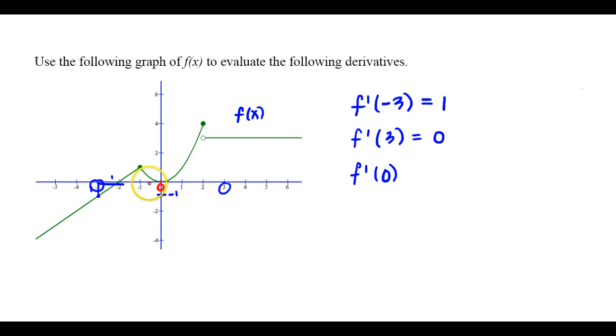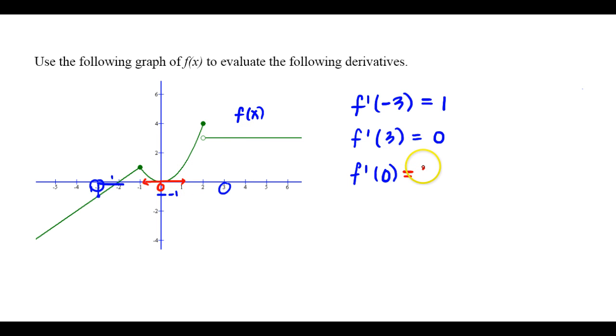So I'd actually have to think about drawing myself a tangent line. A tangent line is going to just graze the surface at that one point. So what do you notice about our tangent line? Our tangent line at 0 is this horizontal line, and horizontal lines, as we found from over here, have slope 0.